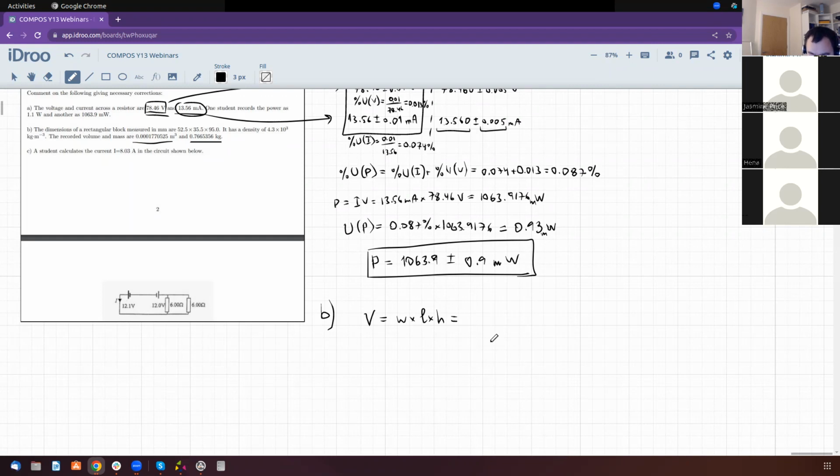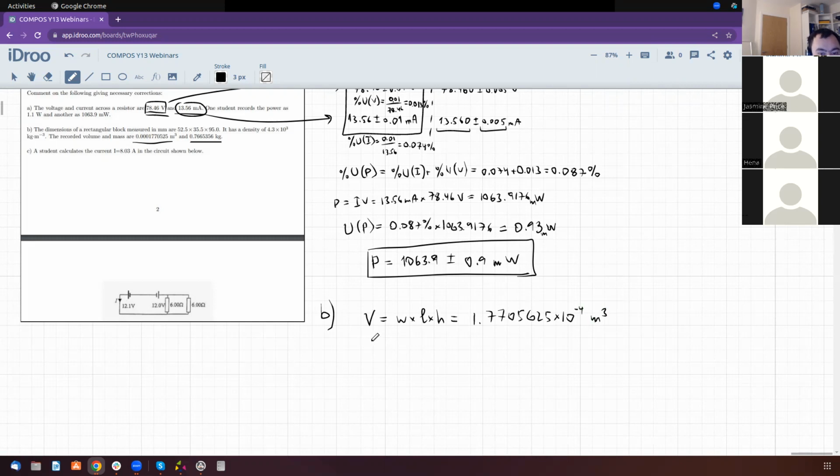So times 10 to the minus 9. Well, it's 1.7705625 times 10 to the minus 4 cubic meters.